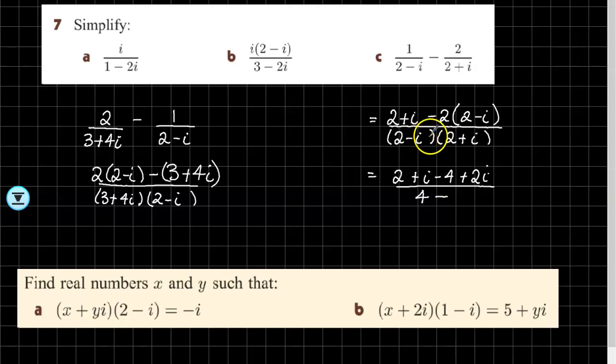So I times I, that's minus I squared. Oh, minus 1 becomes plus 1. That's how we do it. Well, that's how I do it anyway. All right, so now we end up with minus 2 plus 3i all over 5. And we're done.